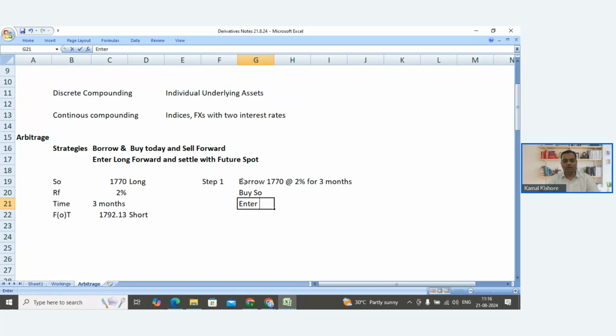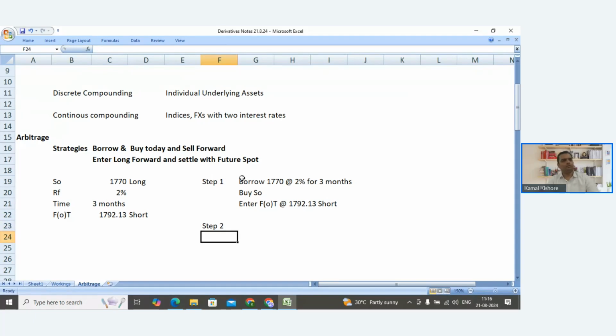Enter a forward at 1792.13, short. Buy S0, or long S0, whichever way you want to look at it. I'm borrowing money and buying the underlying, and I'm covering the risk by selling short. This is today.